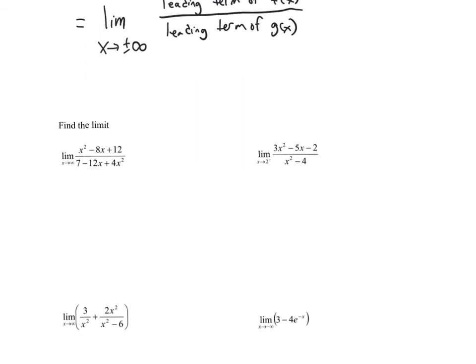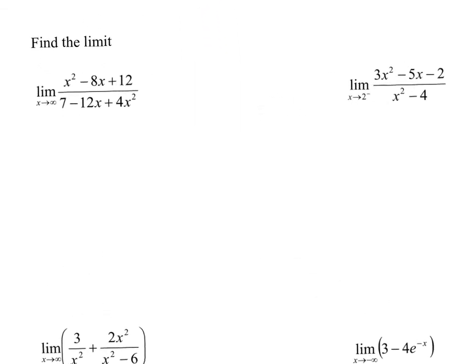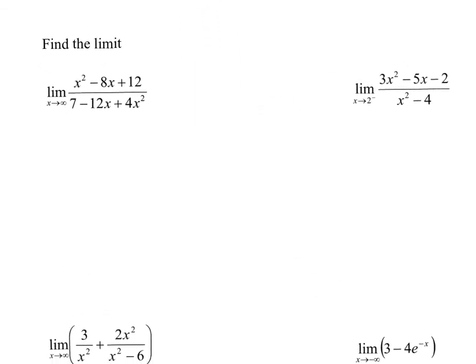So if we look at this first one, it says, what's the limit as x goes to infinity of x squared minus 8x plus 12 over 7 minus 12x plus 4x squared. This is only true when you are going to infinity. I can make this limit just the quotient of the two highest leading terms.